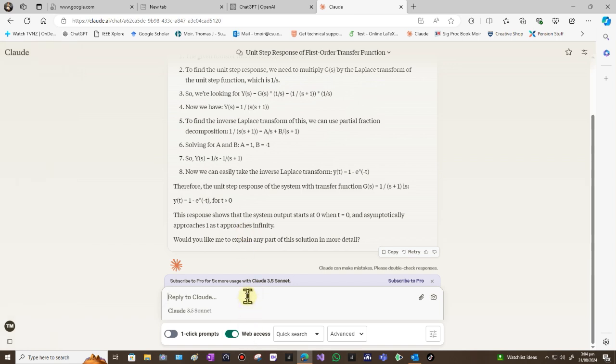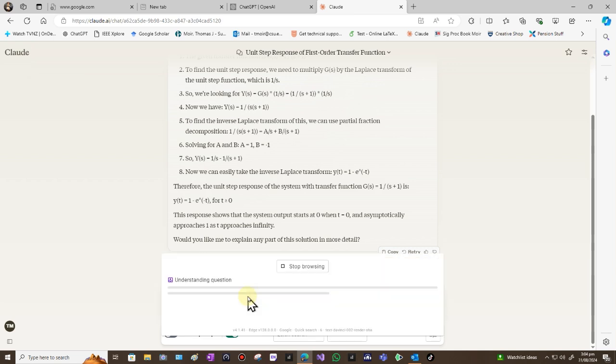And if I ask it to draw that, repeat the previous prompt, but plot the result on a 2D graph, it should be able to do that.